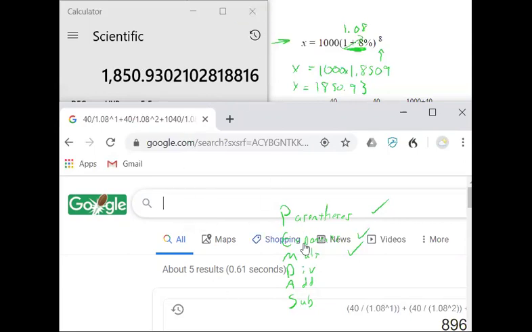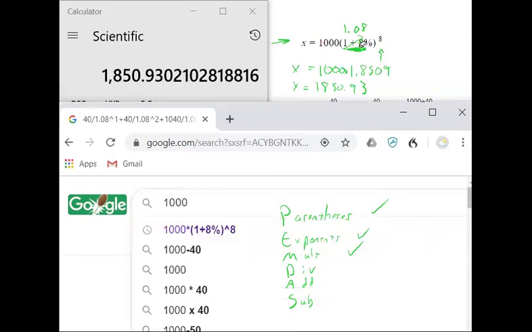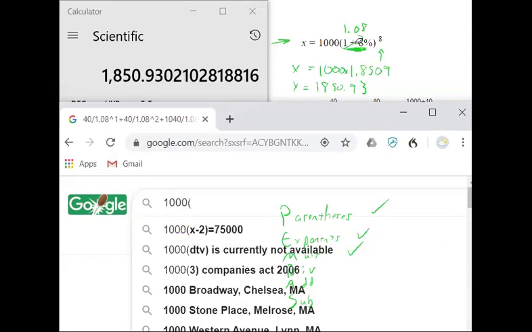You don't have to do the PEMDAS. It does a lot of the PEMDAS work for you because it's smart enough. So I'm just going to type the formula in, with an implicit multiplication there, 1,000 times that. I don't think I need to put that in there, but maybe I don't even have to. We'll find out.